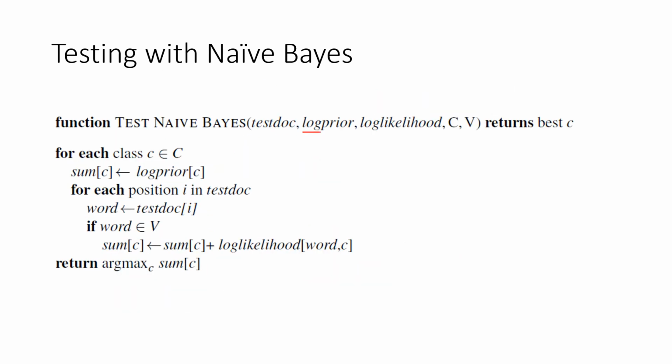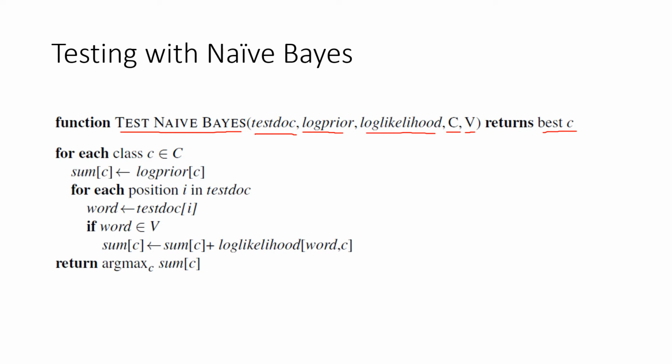Now that we have obtained log prior, log likelihood, and the vocabulary V, for a test document, we can call this procedure test Naive Bayes with additional parameter of set C, set of classes, and it will return the best C, the best class that it calculates.